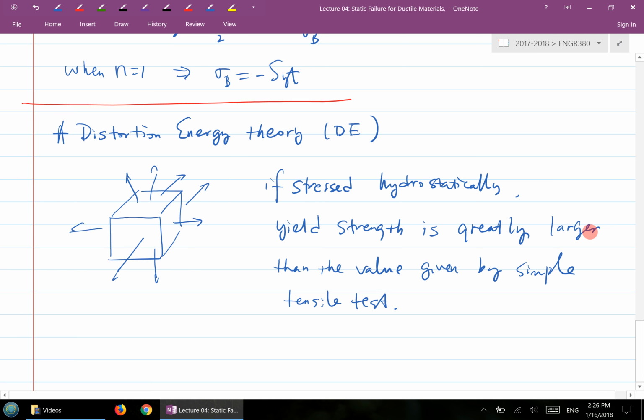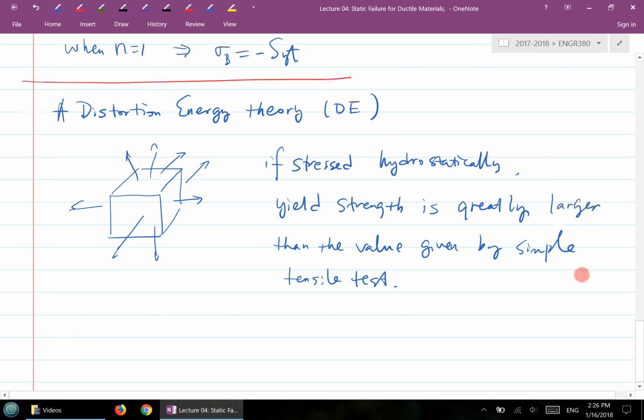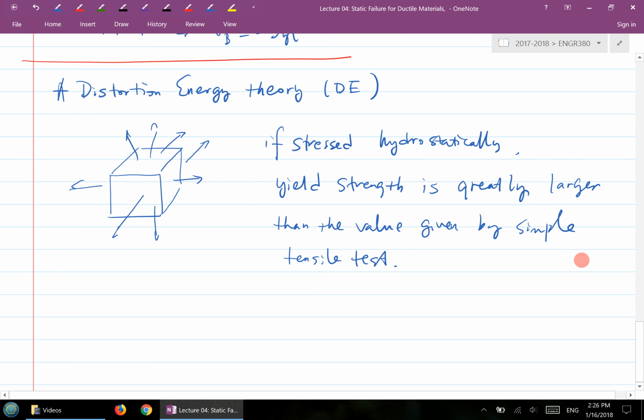The yield strengths are actually well beyond the yield strength when you subject the part to a simple tensile test. People looking into this phenomenon concluded that yielding is not just a simple tensile or compressive phenomenon. It has more to do with the so-called angular distortion of the stress elements.